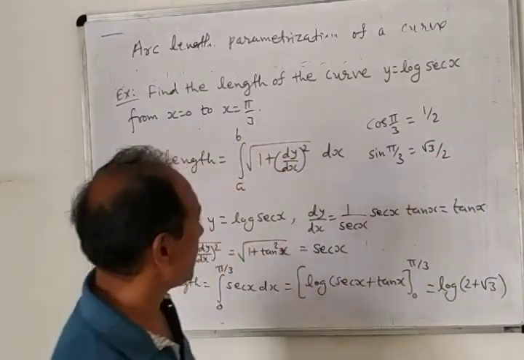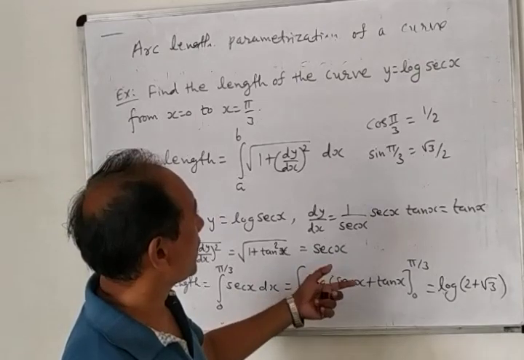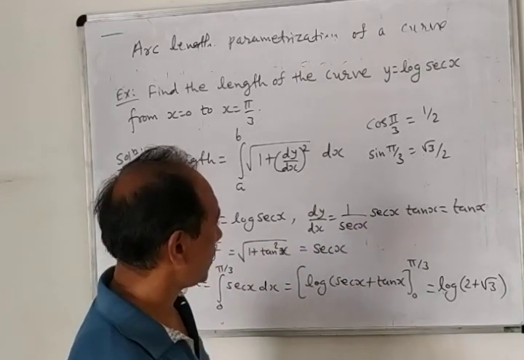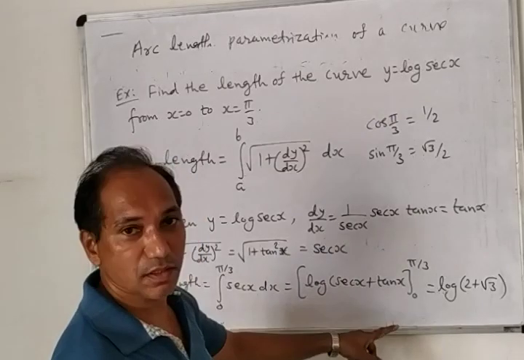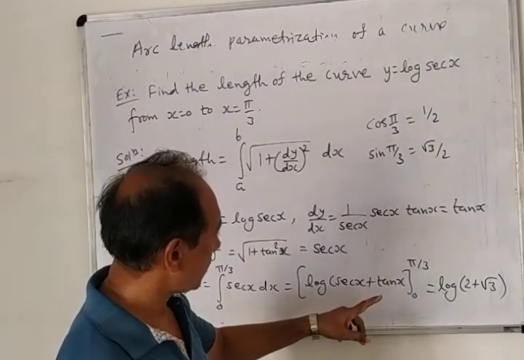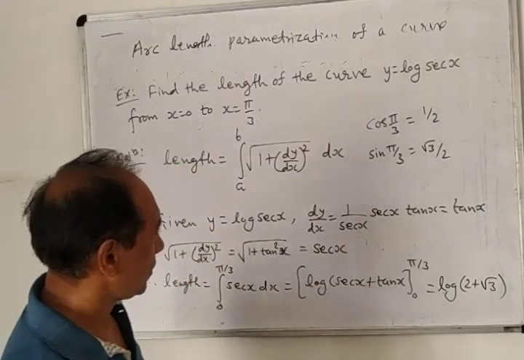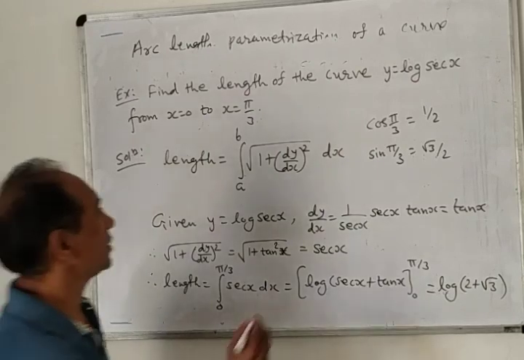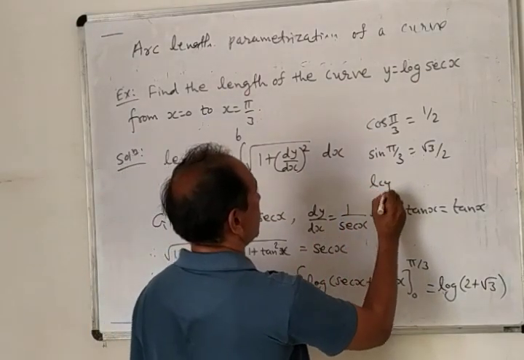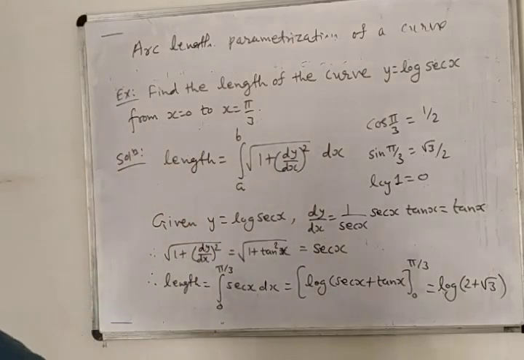So sec pi by 3 is 2, and tan pi by 3 is root 3. Then sec 0: cos 0 is 1, so sec 0 is 1, and tan 0 is 0. And log 1 is 0. So if you put all these values, you obtain the final answer, log of 2 plus root 3.